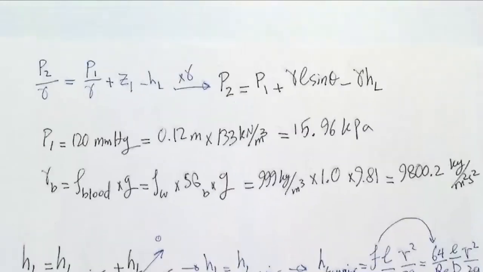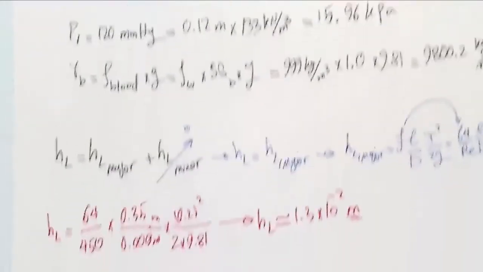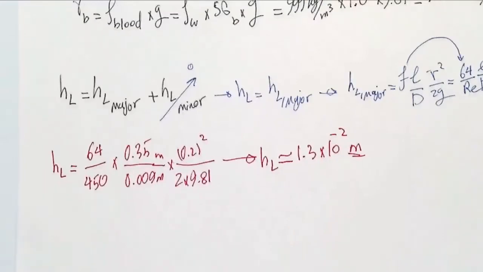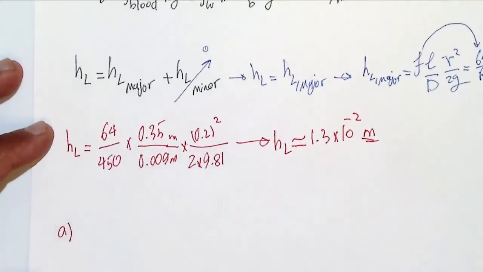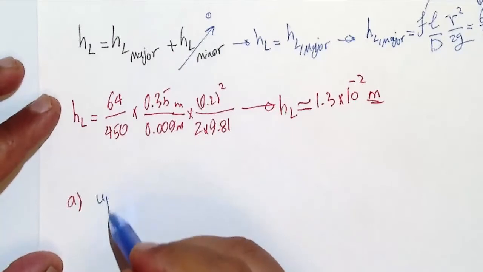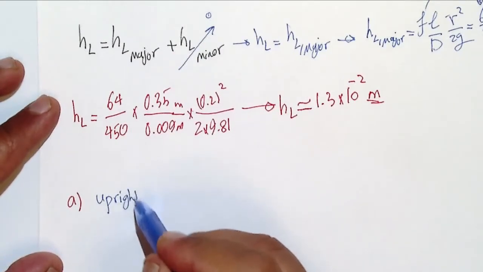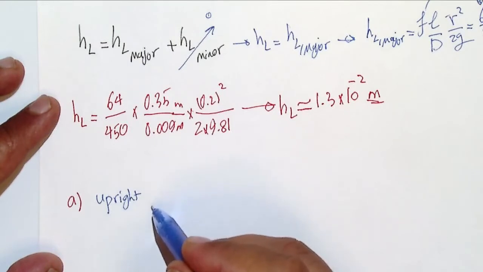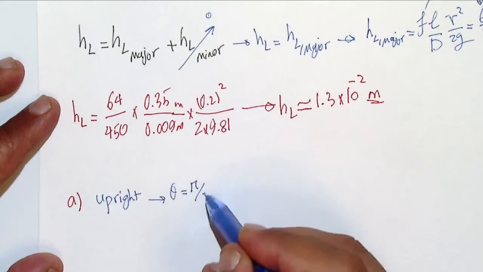Let's use the equation that we found here as equation 1, replace all the knowns and find P2 based on the parts. For part A, it gives you that the artery is standing upright, right? If it's upright, then theta would be pi over 2, right?